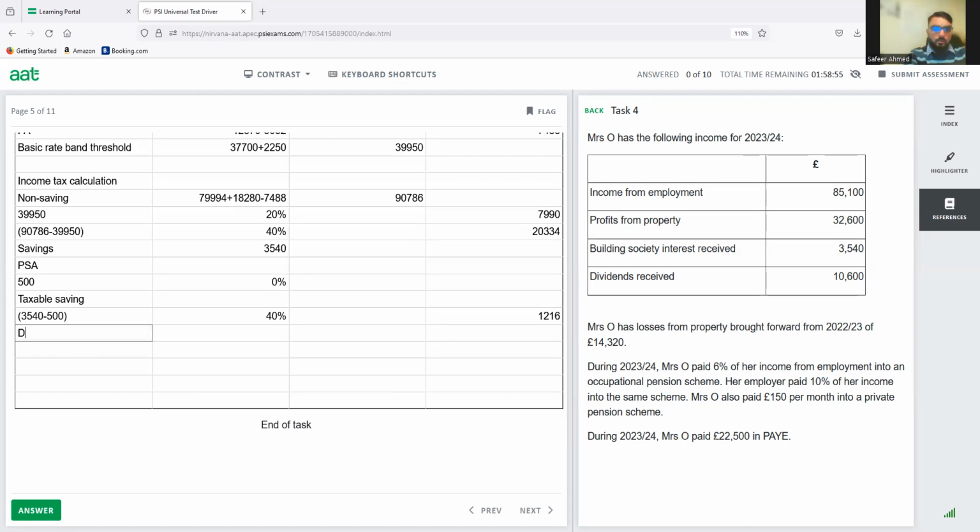Now, dividend. The dividends are given to us, which was 10,600, as you can see. And now remember that the dividend allowance is available.